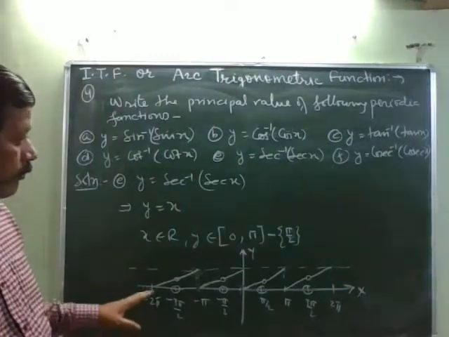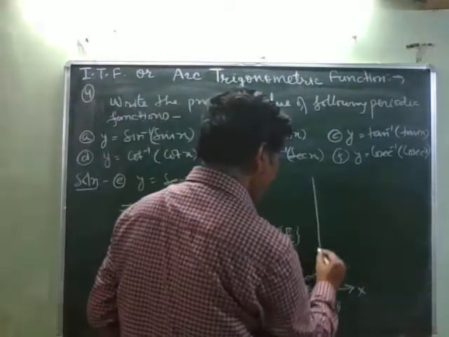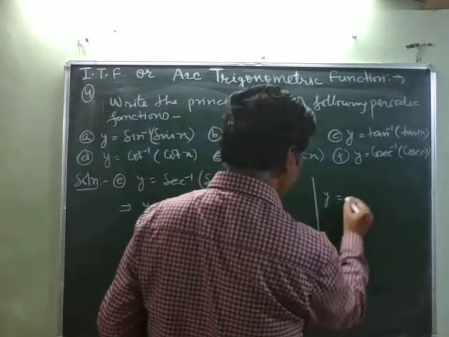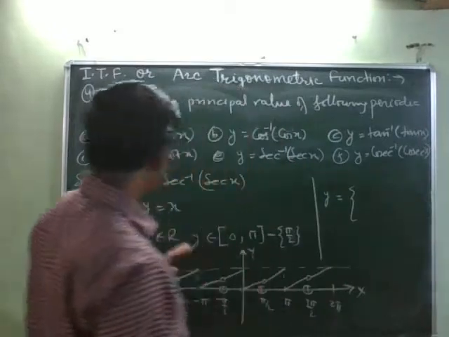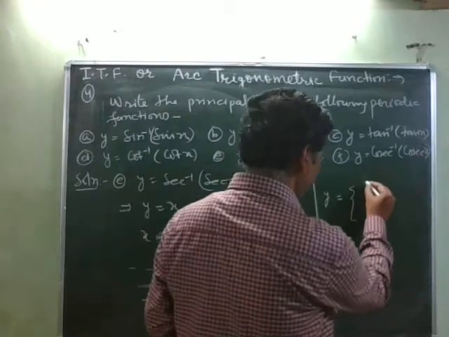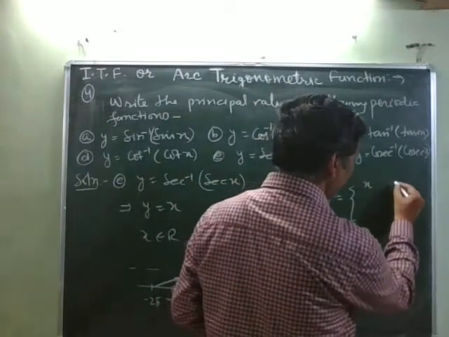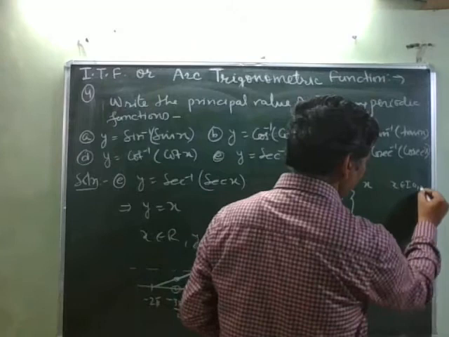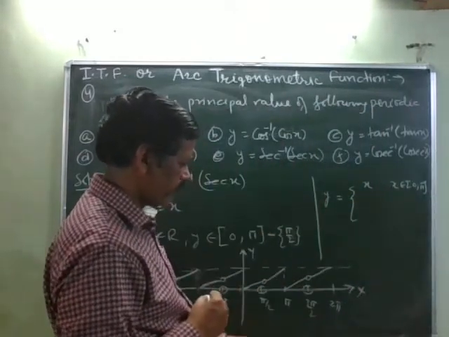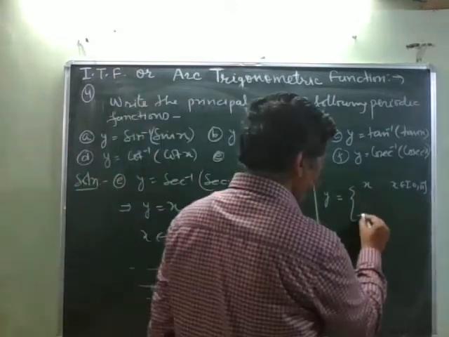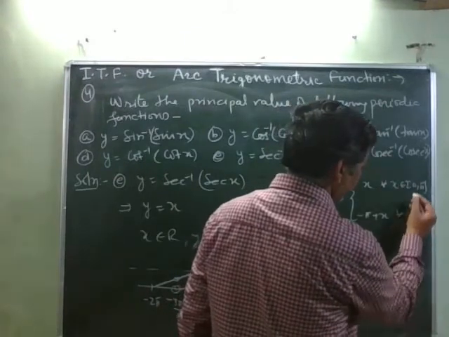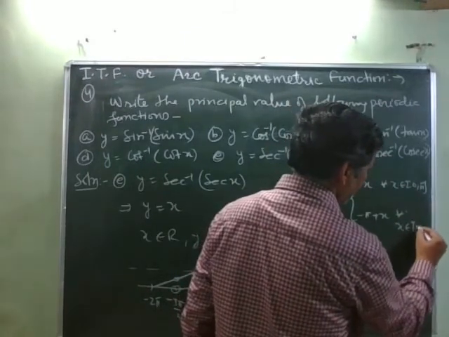Therefore, if we are going to define y as sec inverse sec x, then y is equal to x for x belongs to 0 to pi, and for this part x is positive and pi is negative, so minus pi plus x for all x belongs to pi to 2 pi.